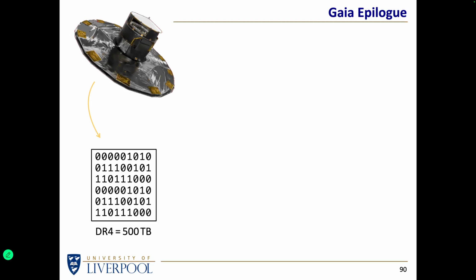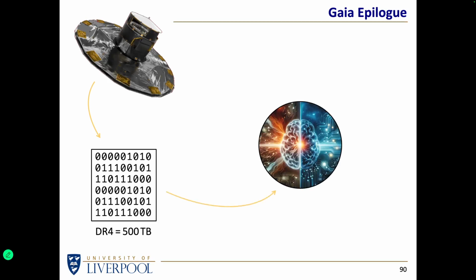And all of that data is going to be looked at by a whole load of astrophysicists. I'm sure they'll be using some AI tools along the way to help them sift through this enormous amount of data to try and help them build models of how we think the Milky Way is behaving, the dynamics, the evolution, galaxy mergers in the past, galaxy mergers in the future.